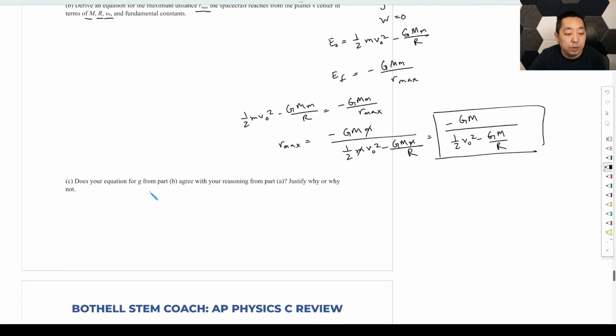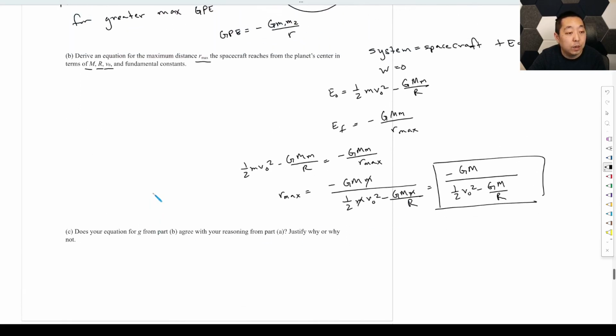Does your equation for part G from part B, for R, this should say R max. For part B, agree, right? So let's strip out the negative sign, dividing the top and bottom by negative. It's going to be GM over R minus 1/2 V0 squared, like that. And then what we're going to say is, as V0 goes up, the denominator gets smaller.